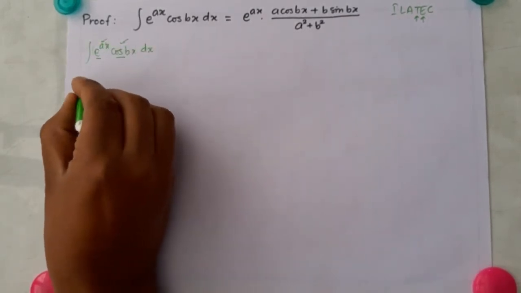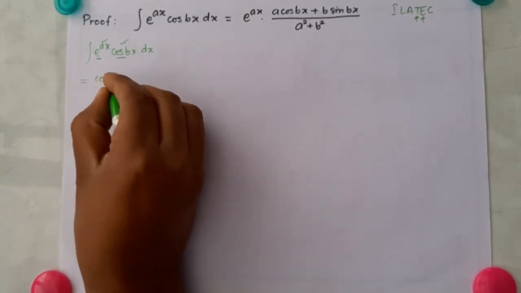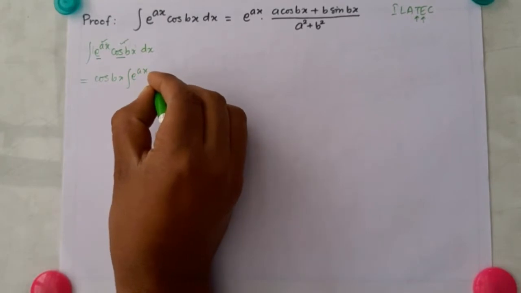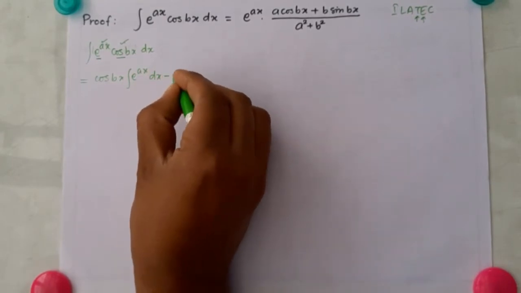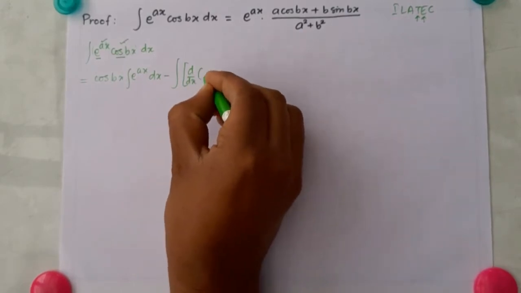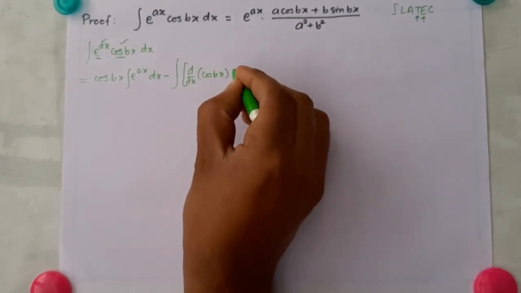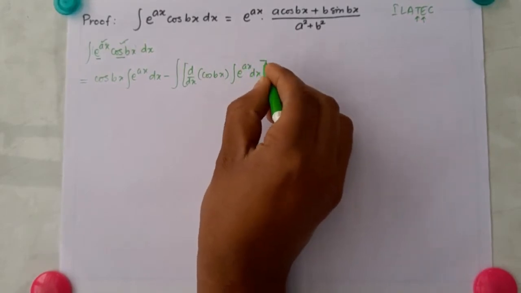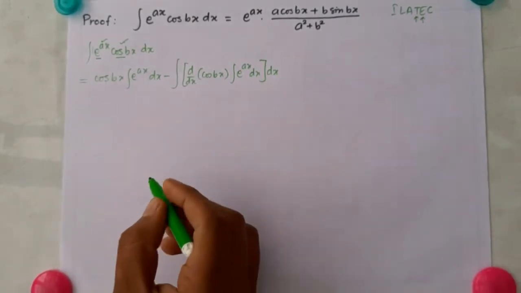So in that way we have cos bx times the integral of e to the power ax dx, minus, so differentiation, that is d by dx of cos bx times the integral of e to the power ax dx, close the bracket, and you have this.